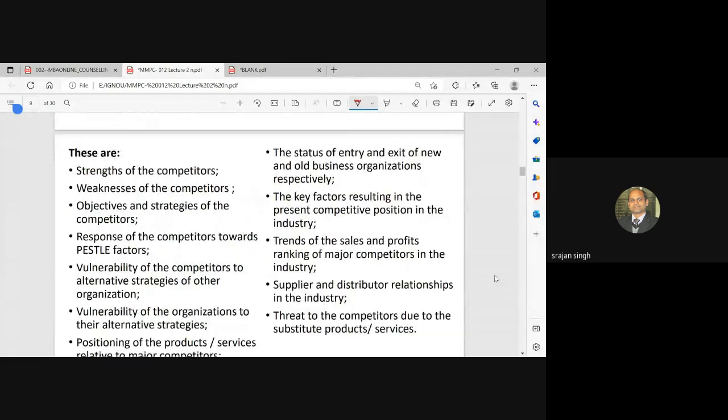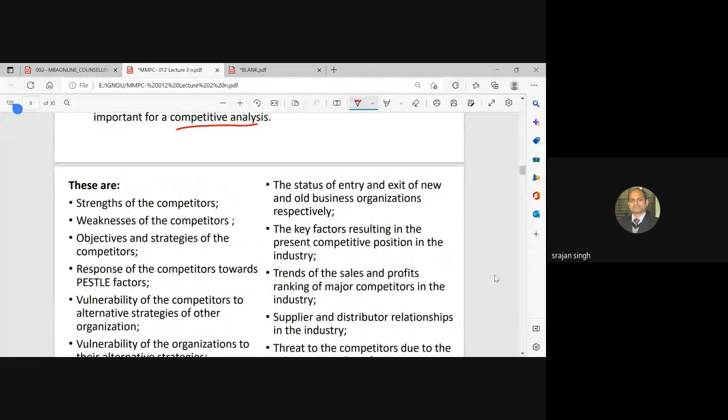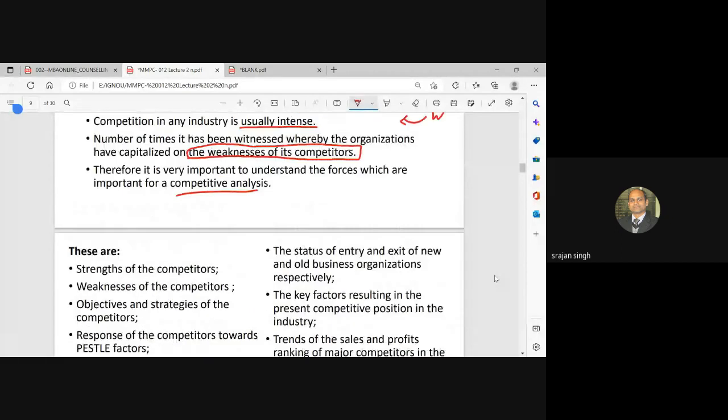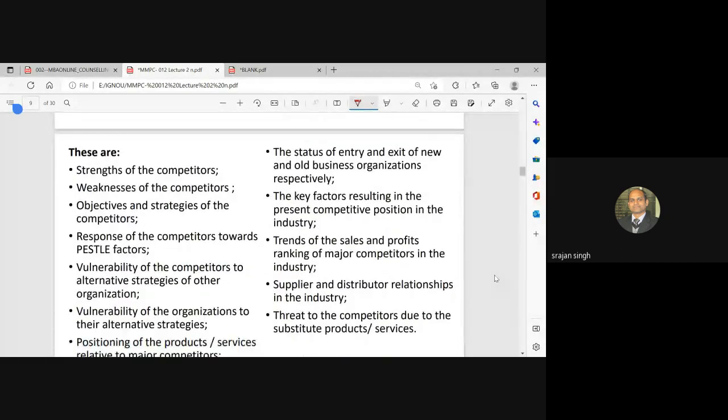So, these are some important analyses to be done while analyzing competitive strength. Strengths of competitors is one, weaknesses of competitors is second.